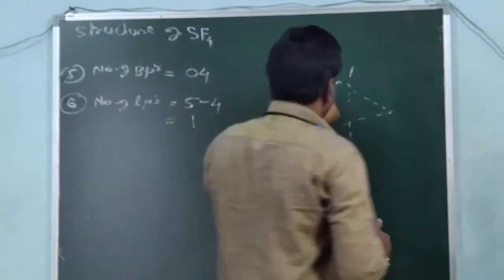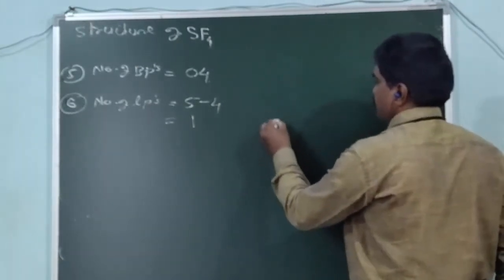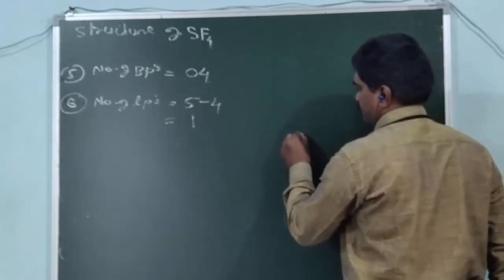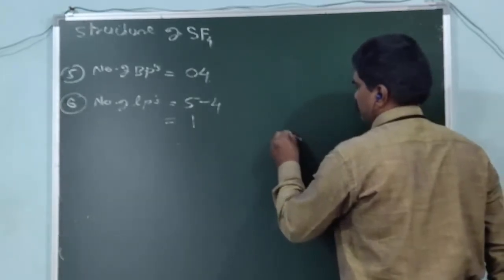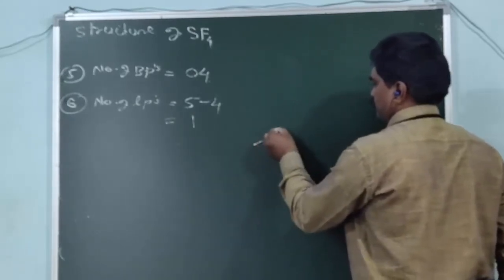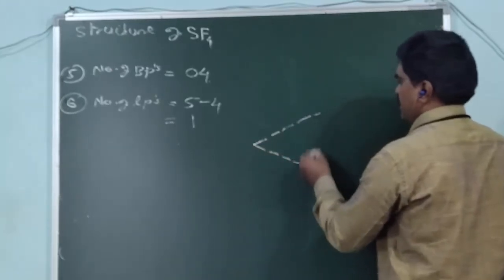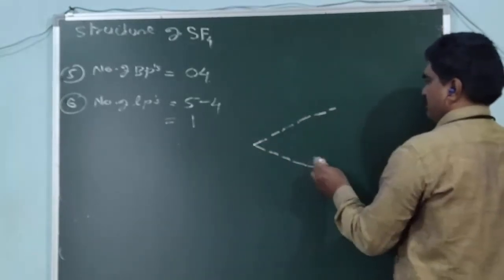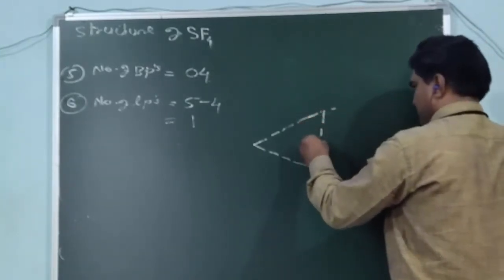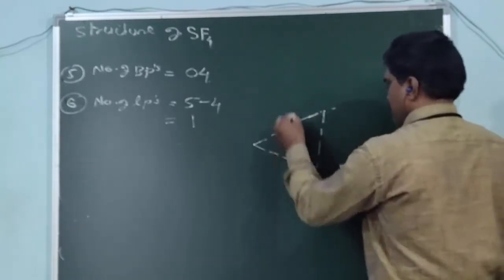Okay, so let me draw the structure. Suppose here there is an equilateral triangle, and here there is a sulfur at the center.